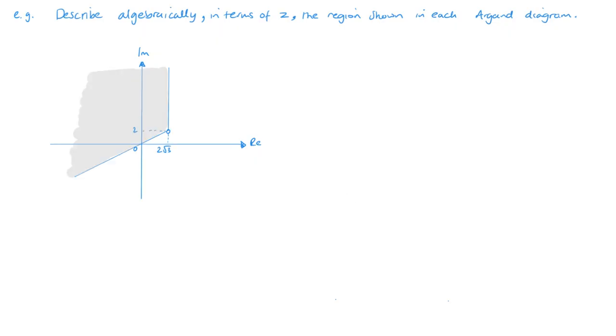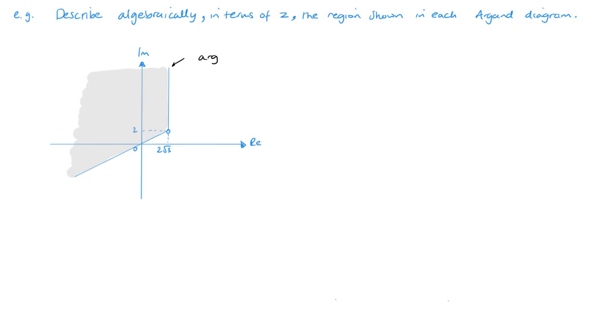Right, next diagram. Notice this time we have two bold lines, so it will include the lines, and here is my z1 at 2 root 3 and 2. This line here is going to be at 90 degrees.